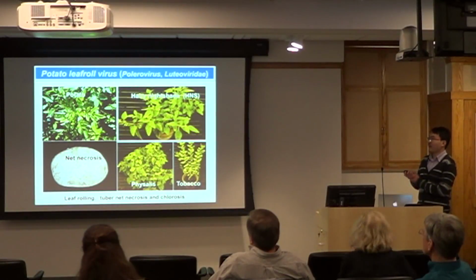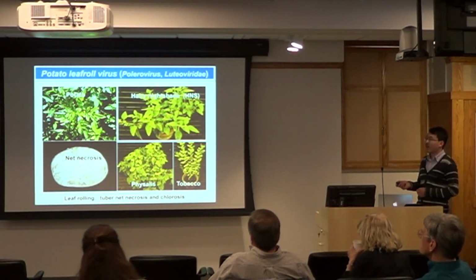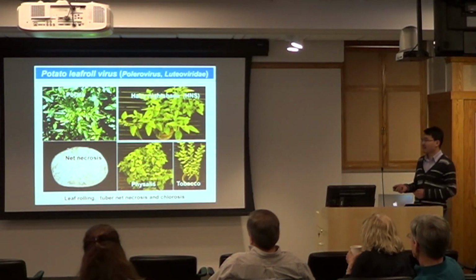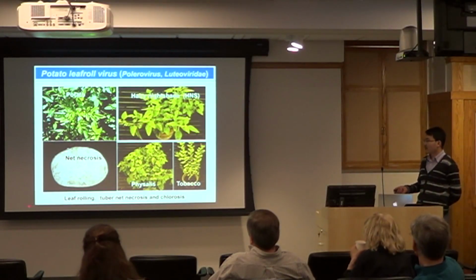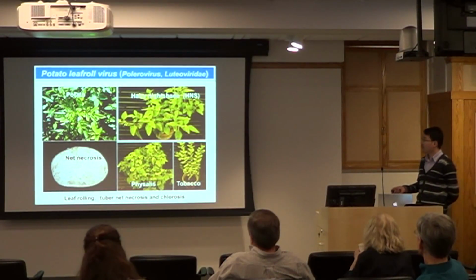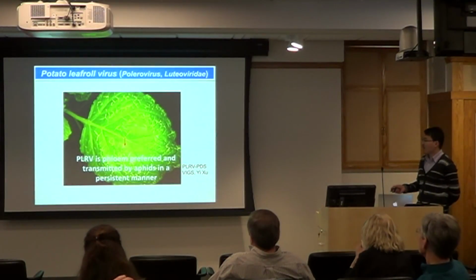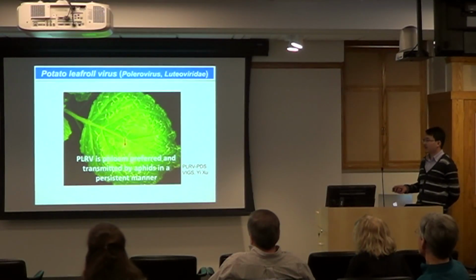The natural host of the virus is potato, and it can also infect several other plants such as hairy nightshade, physalis, and tobacco. The typical symptoms after infection with this virus are leaf rolling, tuber necrosis, and also chlorosis on the infected leaf. This virus is phloem-limited, and is transmitted by aphids in a persistent manner.